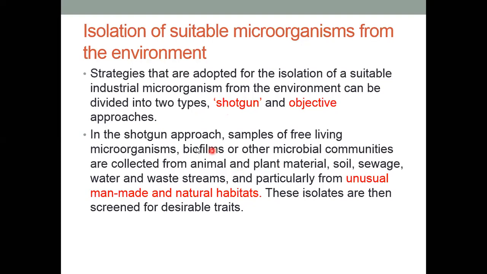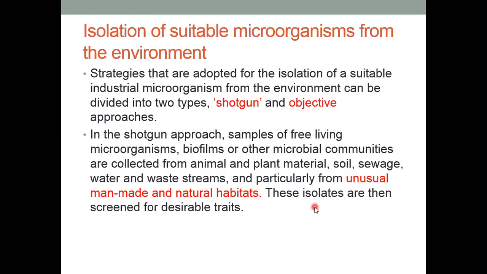So what happens in a shotgun approach? In the shotgun approach, you collect microorganism samples from different areas. You can collect from animals, plant material, soil, sewage, waste stream, from wherever you want, and particularly from unusual habitats. Then you isolate them and screen them for desirable traits. This is the shotgun approach.